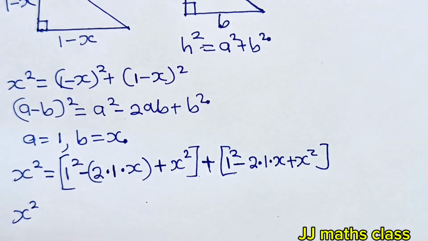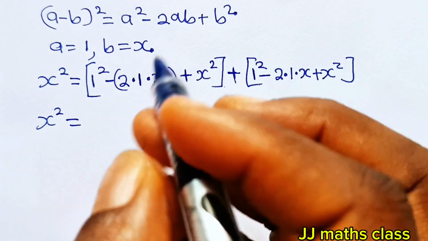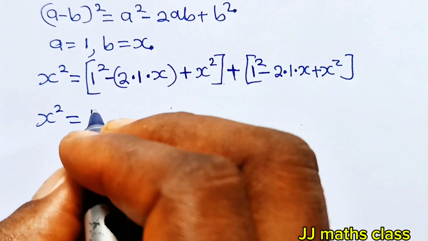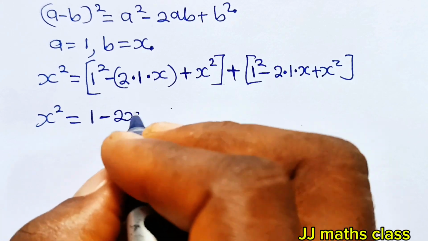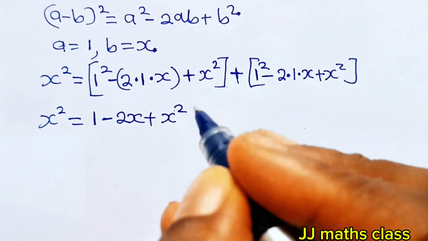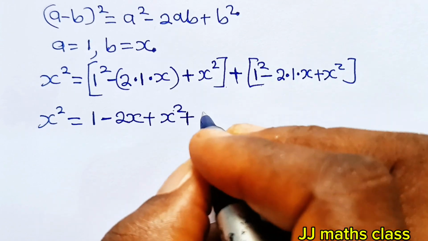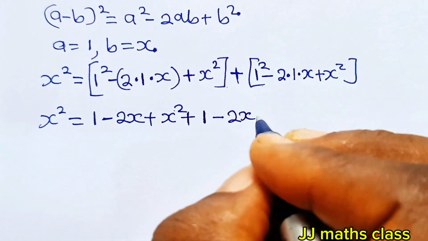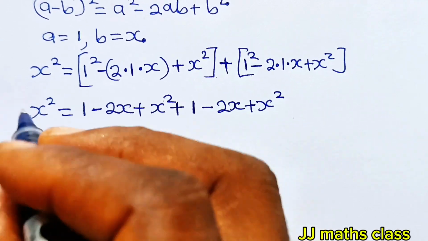We have x squared is equal to 1 squared, which is 1, minus 2 times 1 times x, which is 2x, plus x squared, plus the same thing: 1 minus 2x plus x squared as well. So we collect like terms.